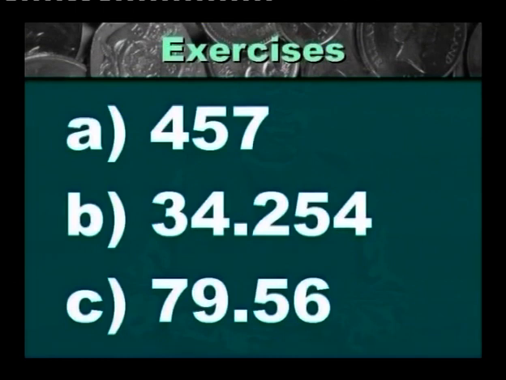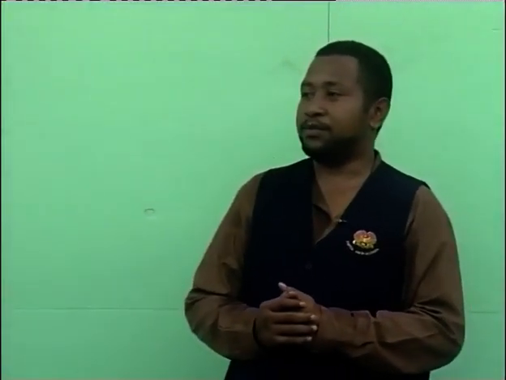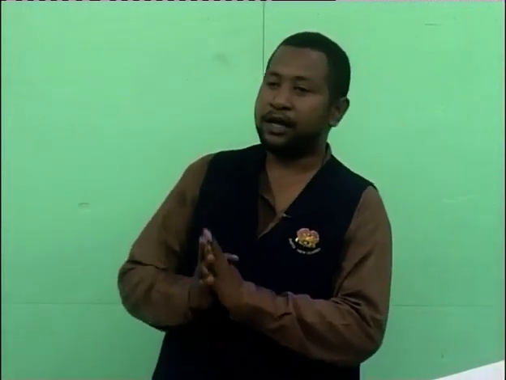Okay, group 5 and 6, your number was 79.56. What is the value of the number 5? Okay, group 5. 5/10 or in decimal point 0.5. Very good. 5/10 or in decimal, we can say 0.5. Okay, let's have group 7.